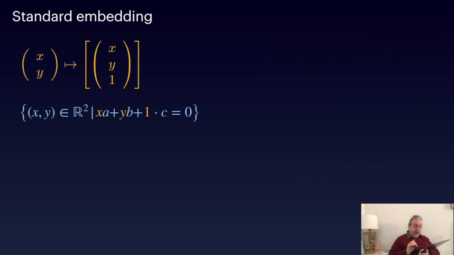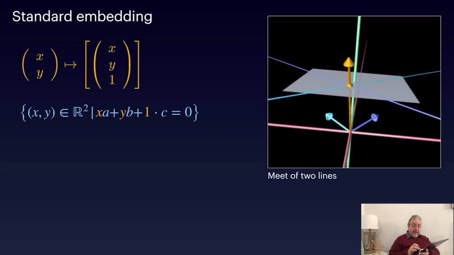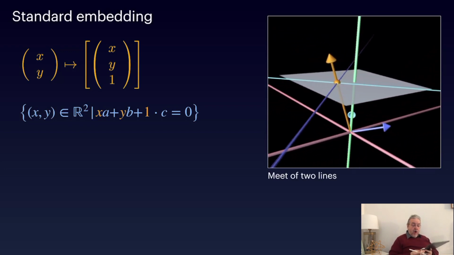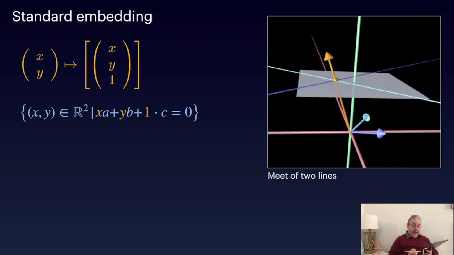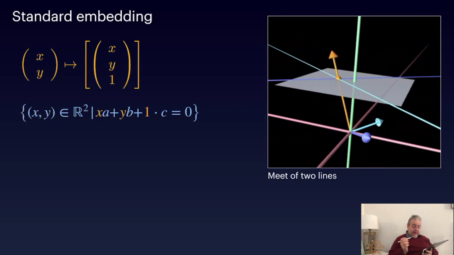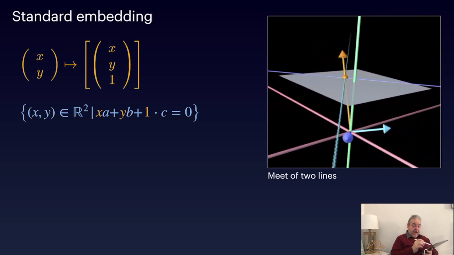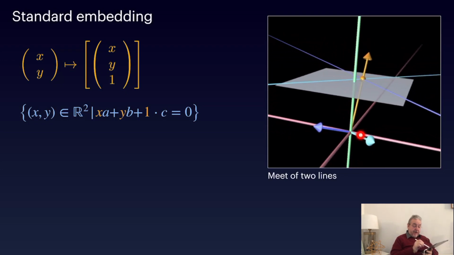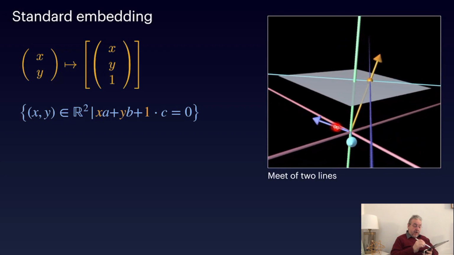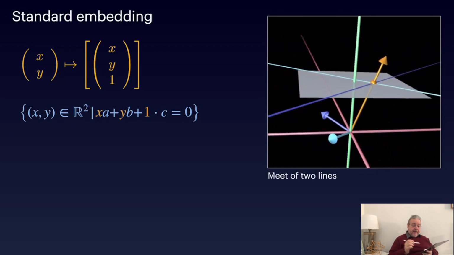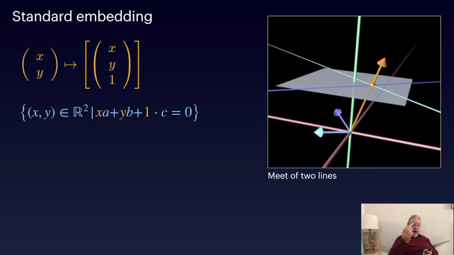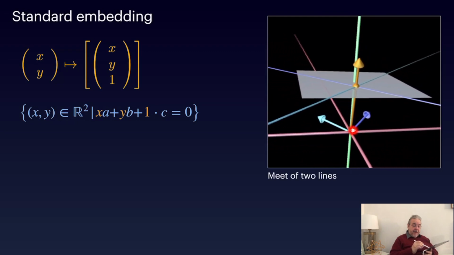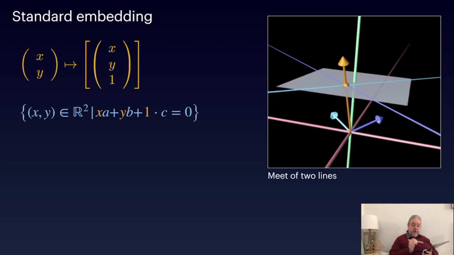Here comes another picture. Here you see the situation where you calculate the intersection of 2 lines. And here I intentionally used 2 different colors for the lines. So you have a cyan one, and the corresponding vector is here, and you have a blue one, and the corresponding vector is here. You see that those 2 vectors are normal vectors to the planes spanned by the zero vector and the corresponding lines.